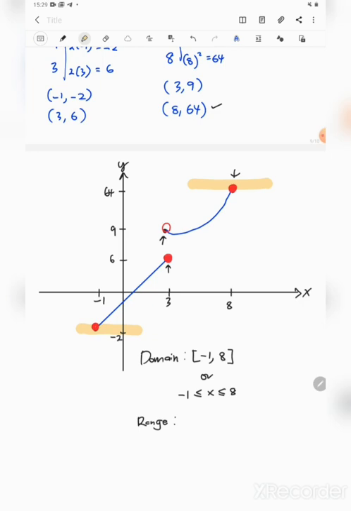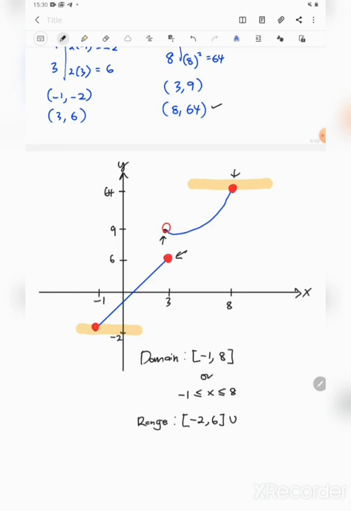So you have to write the range starting from -2, and this is close, so -2 up to here 6. 6 is a square bracket, and then union.